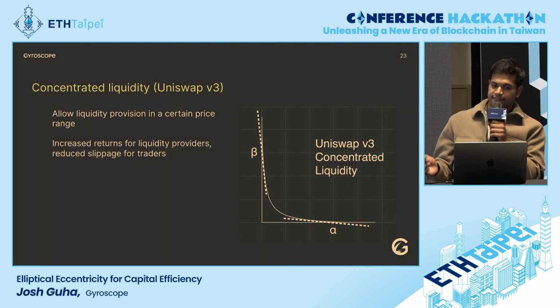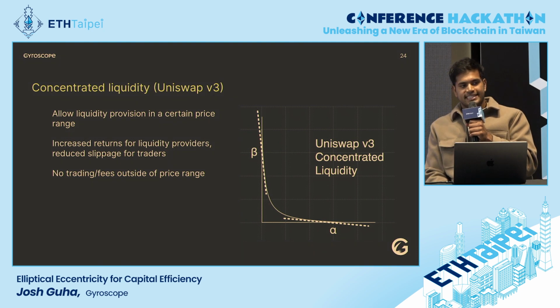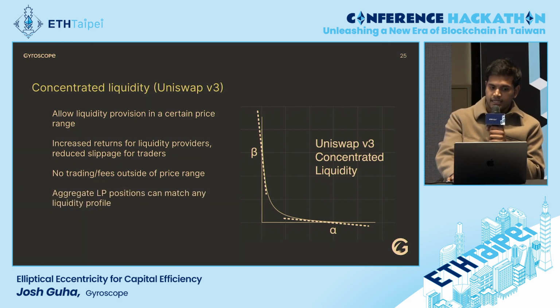This has the dual benefits of both increased returns for liquidity providers and reduced slippage for traders within a specified price range. The downside is that when prices fall outside of this range, there's zero trading activity and therefore no fees accrue to the liquidity providers. However, as mentioned earlier, this may not be an issue for related trading pairs.